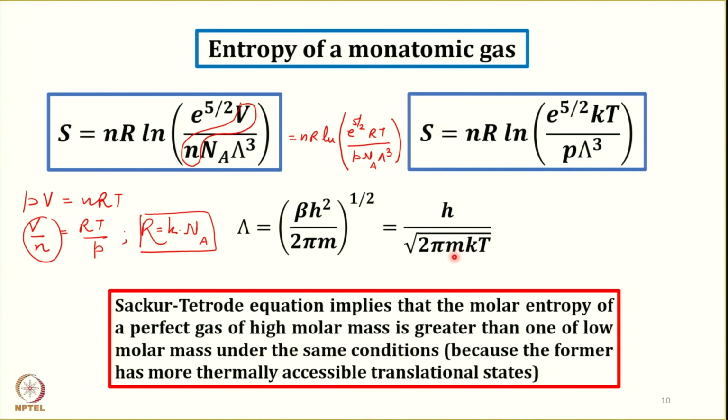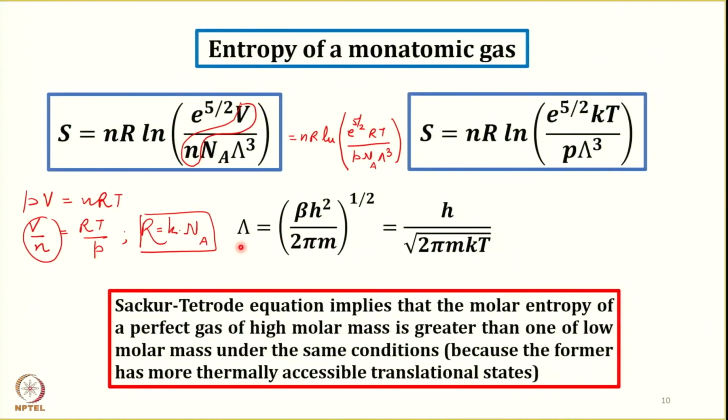The molar mass comes into the denominator. High molar mass means lesser thermal wavelength. If lesser thermal wavelength, then the molar entropy is high. And that is the comment: the molar entropy of a perfect gas of high molar mass is greater than one of low molar mass under the same conditions, because the former has more thermally accessible translational states.